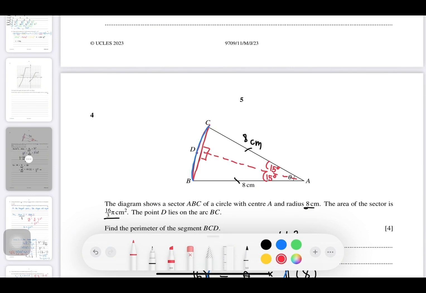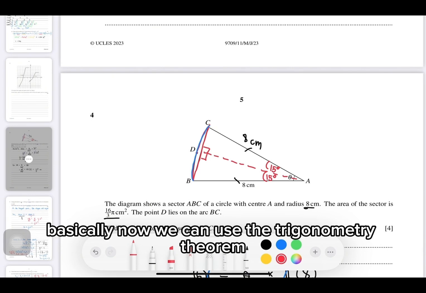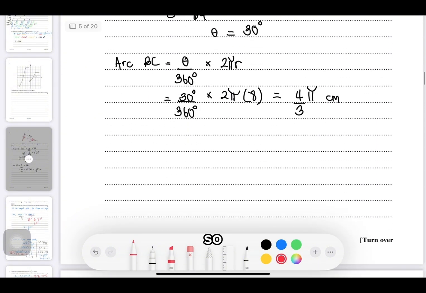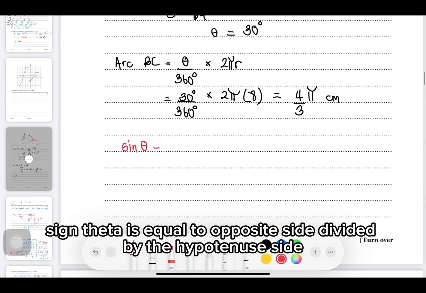Basically, now we can use trigonometry. Sine theta is equal to the opposite side divided by the hypotenuse.